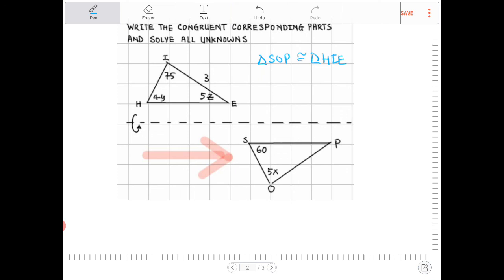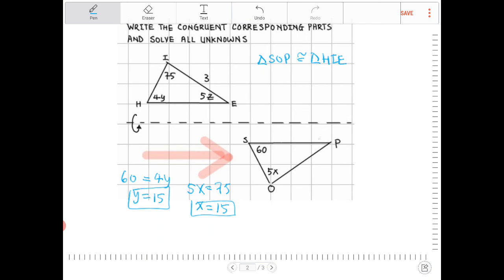So S is 60, and it corresponds with H, which is 4y, so therefore y is equal to 15. O corresponds with I, so 5x is equal to 75. Divide by 5, x is equal to 15 again.